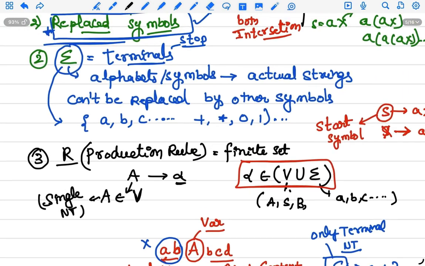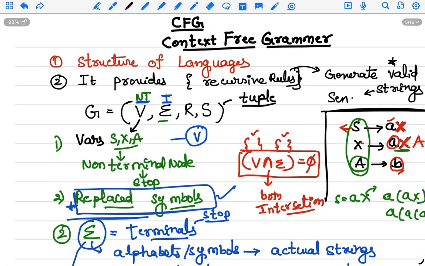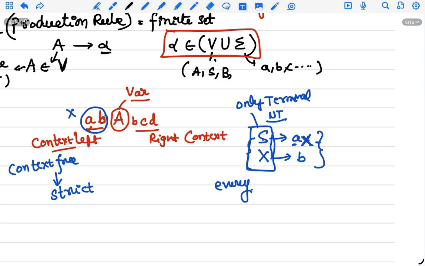Remember, variables are non-terminals. They cannot be stopped, they are recursive, they can be extended, and sigma is a terminal, it can stop. In every production rule, S and X are single non-terminal nodes. Because of that, this is called the context free grammar.